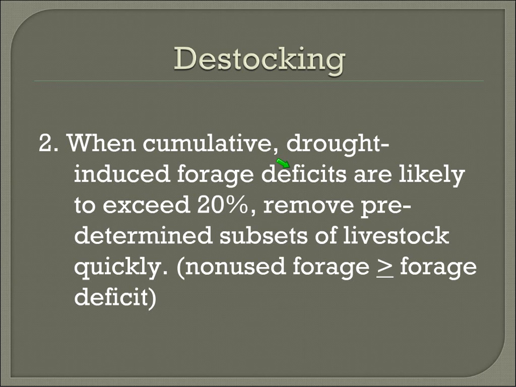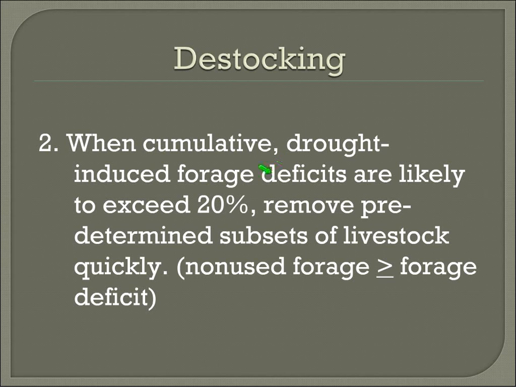Those will show up in column 8, drought-induced forage deficits. And let me emphasize again that the calculations you need to do in order to complete the CFR table are in parentheses above each column. Each column has a set of mathematical instructions above it, in parentheses.